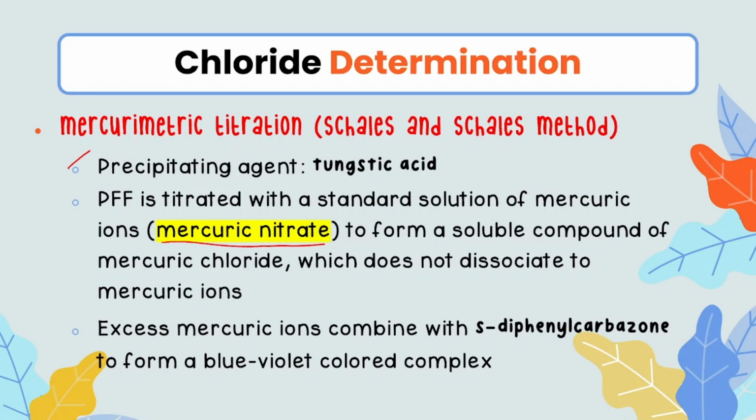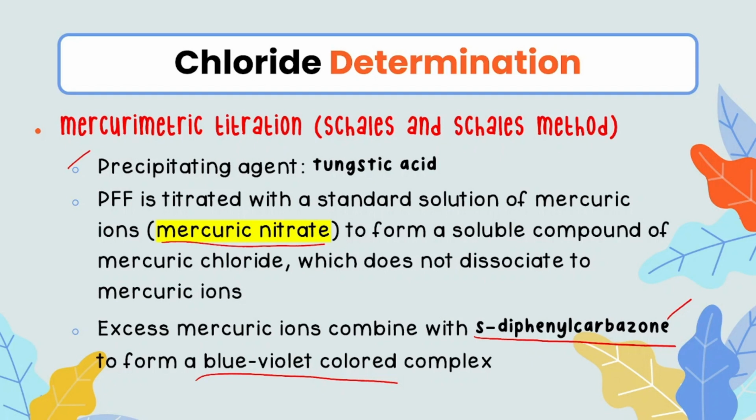And then the excess mercuric ions will then combine with your s-diphenylcarbazone to form a blue-violet colored complex.